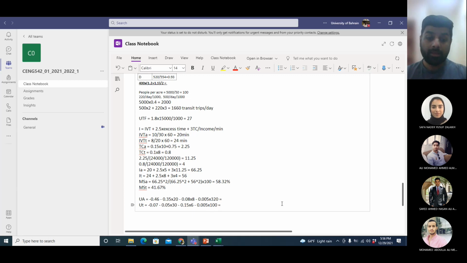So give me these values for auto and transit.